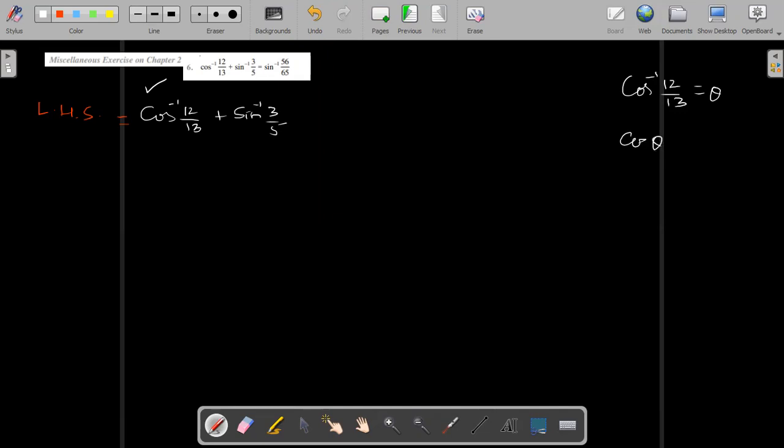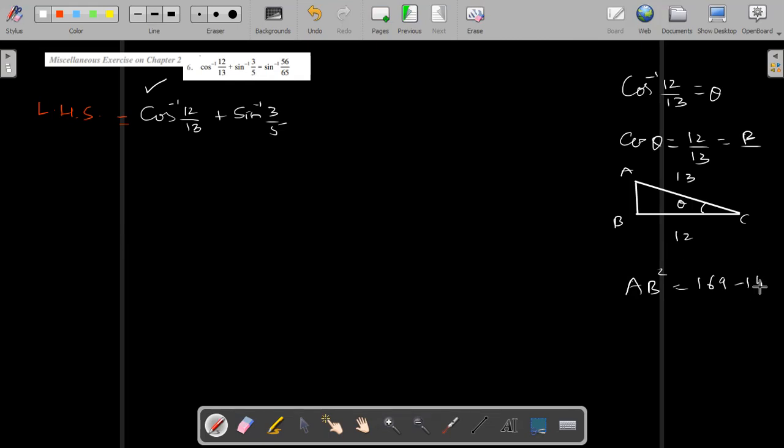So cos theta will be equal to 12 by 13. Now draw a right angled triangle, and this is your theta angle. So base is 12 and hypotenuse is 13. So AB square will be equal to 13 square 169 minus 12 square 144. That is 25. So 5. Here you get 5.